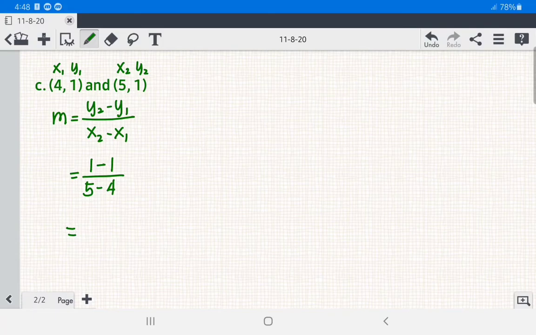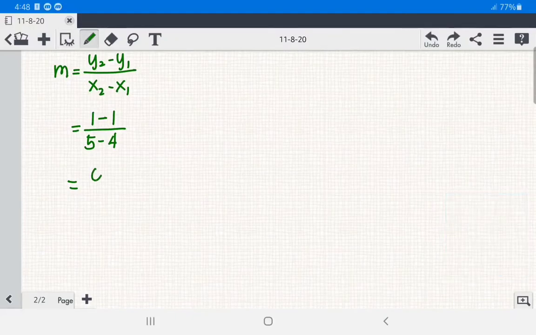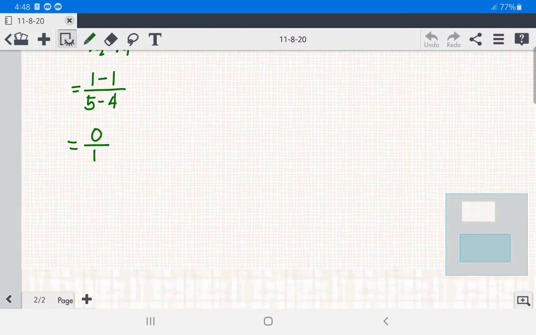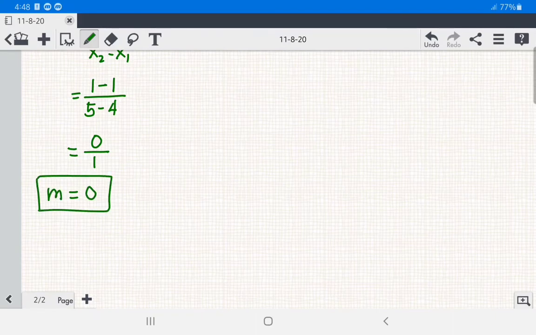Then let us simplify. We have 1 minus 1, which is 0, over 5 minus 4, which is 1. Now 0 over 1 is equal to 0. Meaning to say, there is no change in y, so the slope is 0.